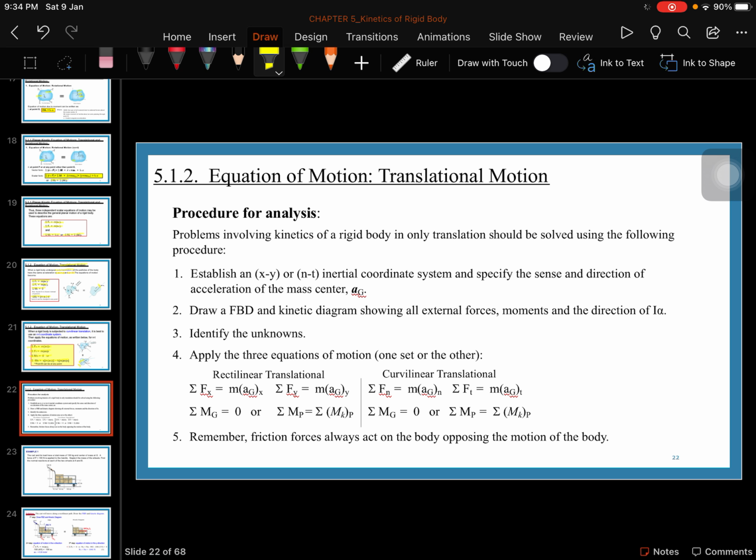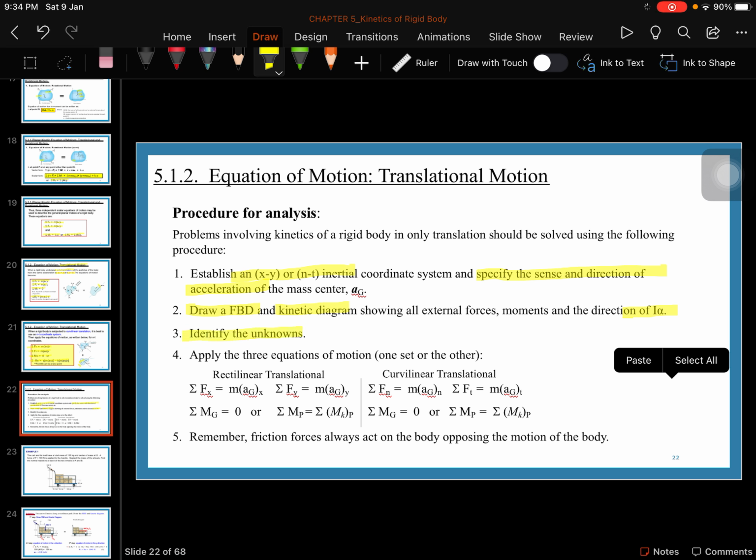Second, draw an FBD and KD showing all external forces, moments and the direction of I alpha.